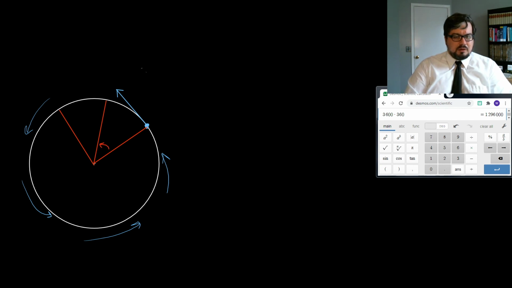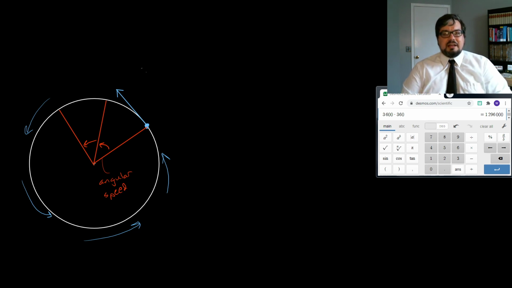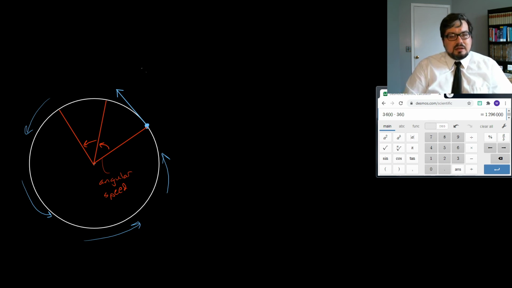So measuring how fast it travels around the circle measures its angular speed. On the other hand, if you were to take just sort of an instantaneous snapshot of what this object looks like at a point in time and look at what direction it's traveling, you can see it's traveling in the direction of the straight blue arrow.